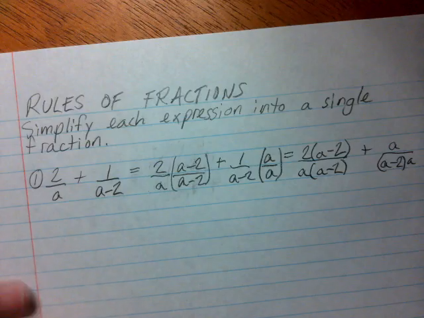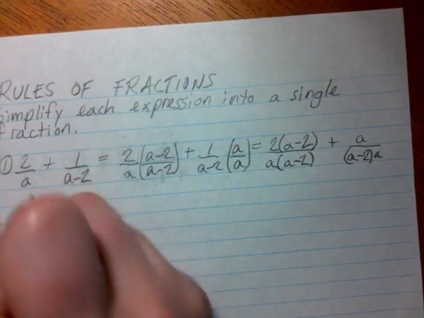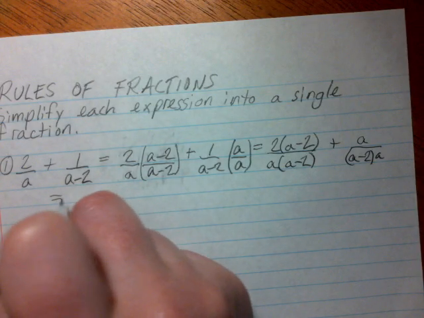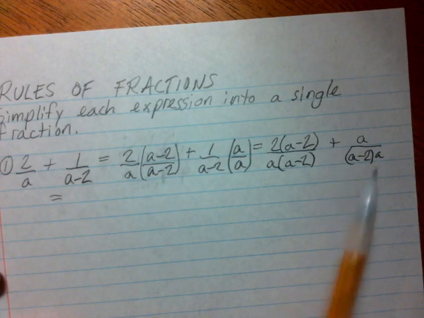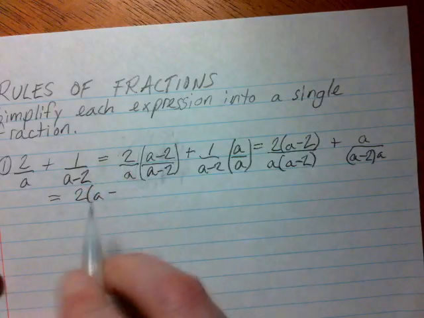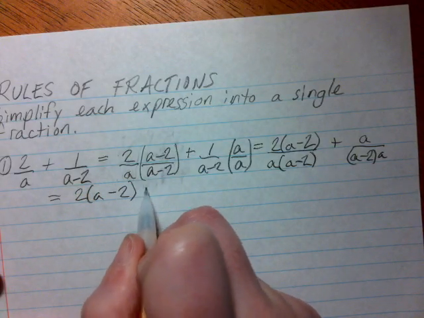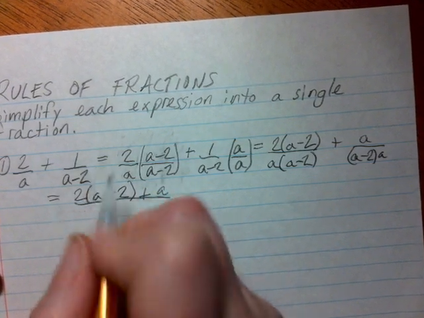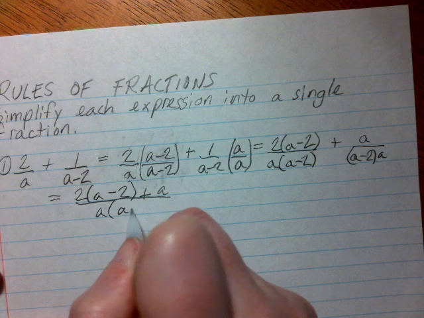Now on the next line, I'm going to add these two fractions together. Now that they have the same denominator, I'm adding the tops together. So I'm going to have 2 times a minus 2 plus a, and that's all over a times a minus 2.